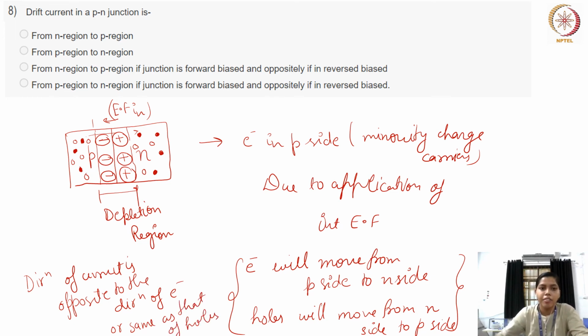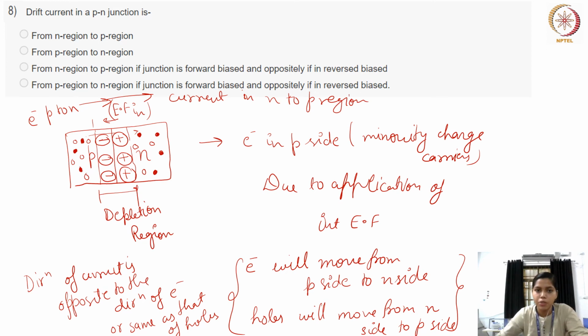So see, if my electrons are moving from the p to the n region, in that case I can say the current will flow from the n to the p region. Or in terms of the holes, if the holes are moving from the n to the p side, we can say the same thing: current will move from the n to the p region. So according to this, your option number 1 will be the correct answer.